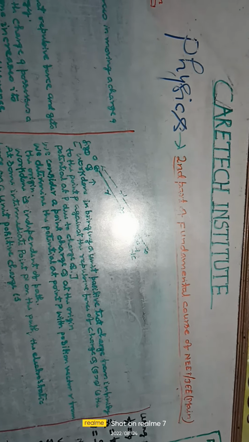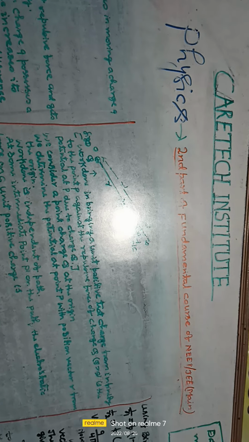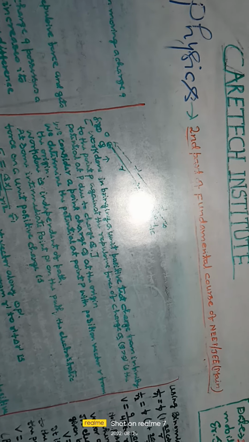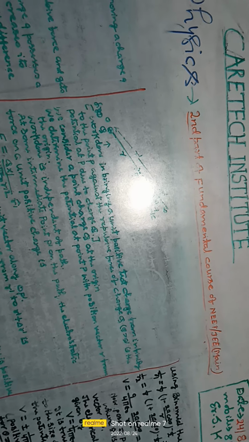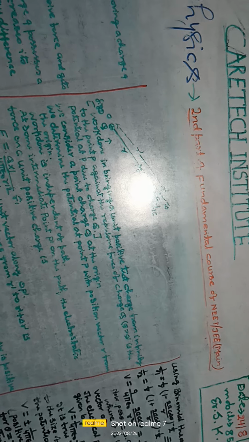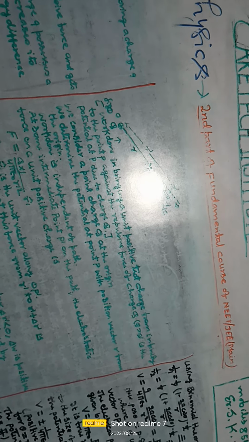Unit charge is 1 coulomb, taken from infinity to point P. Now, work done in bringing a unit positive test charge from infinity to the point P against the repulsive force of charge Q, where Q is greater than 0, is the potential at P due to charge Q, as shown in the figure.